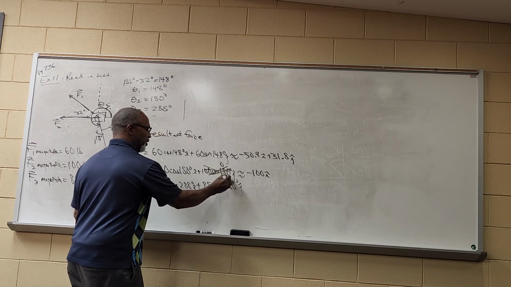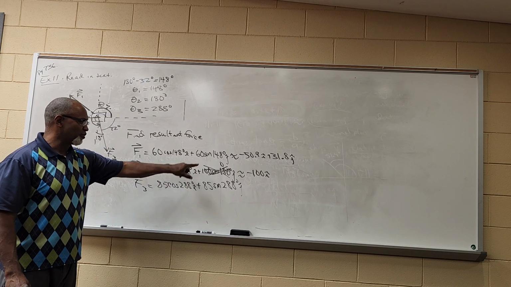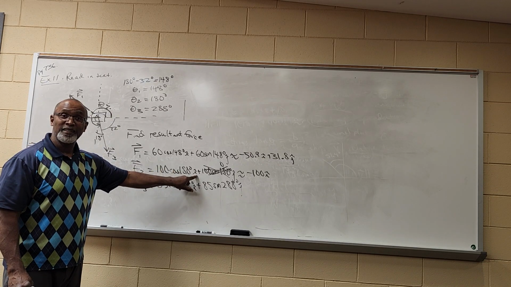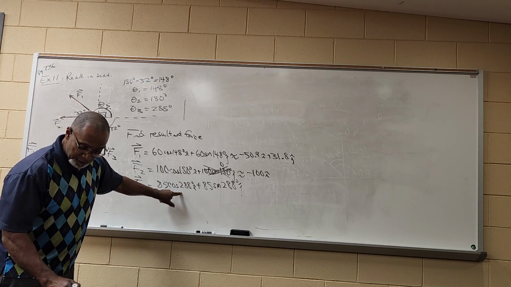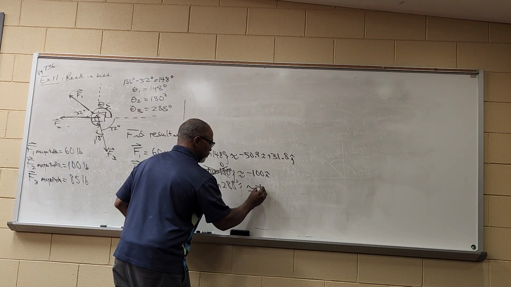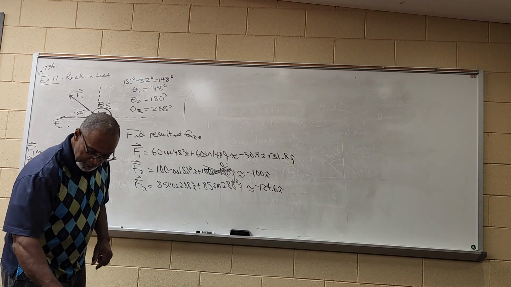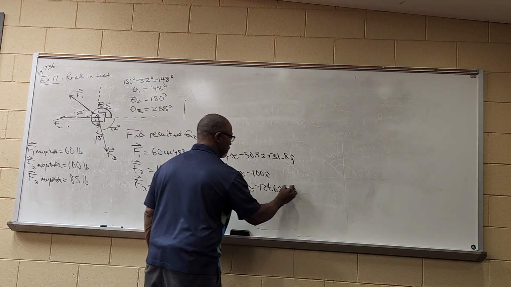So this one goes away. The cosine of 180 is negative 1, so that's why you get negative 100 I. And then finally simplify this one with your calculator, negative 124.6 I minus 49 J.